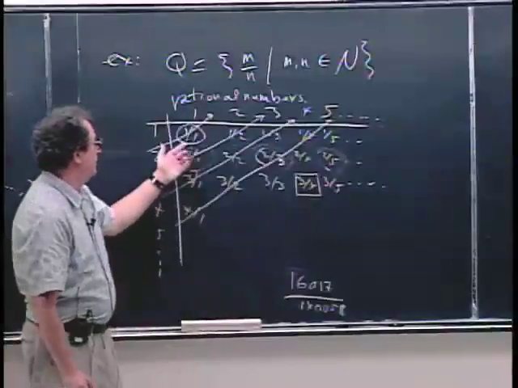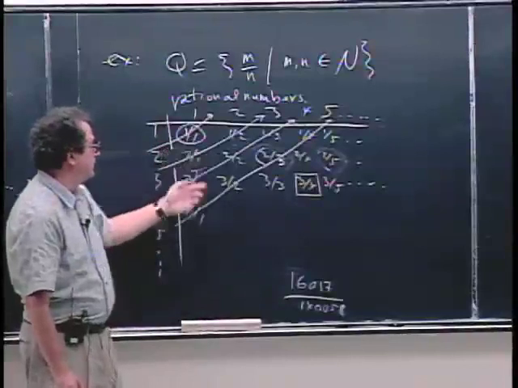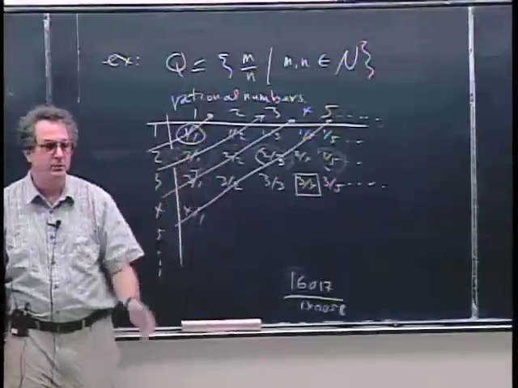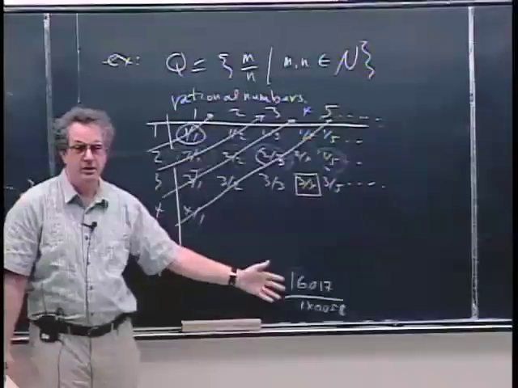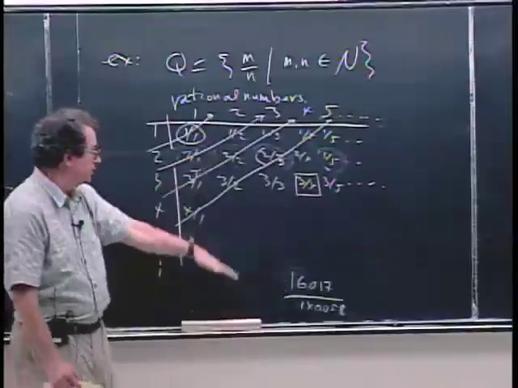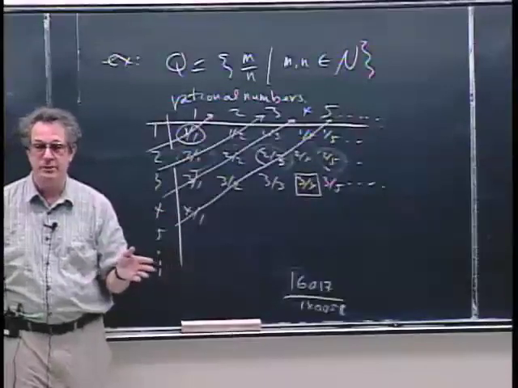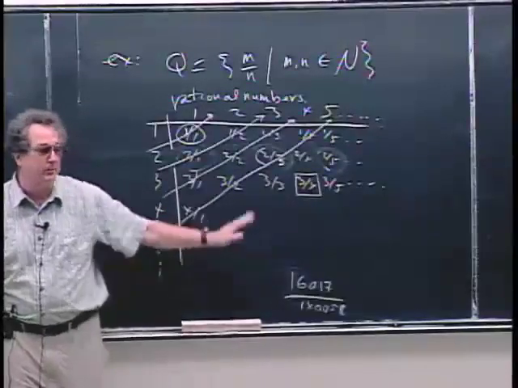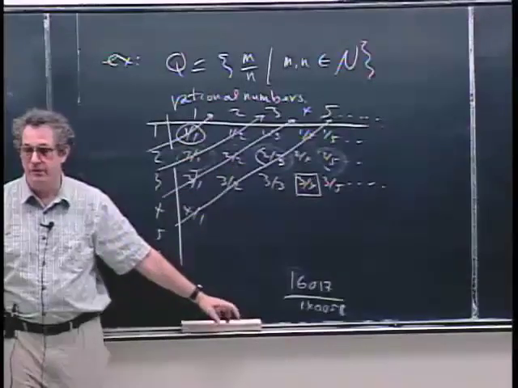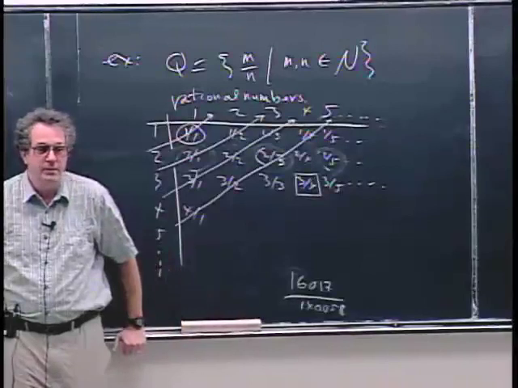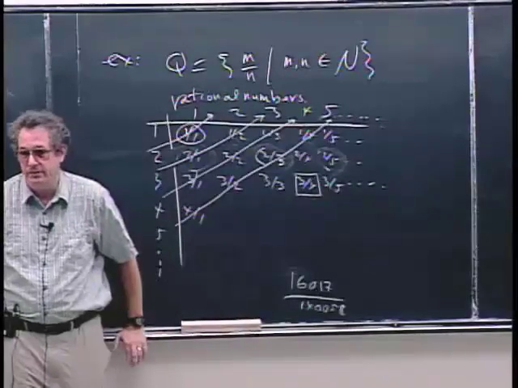And we're just associating the elements with the natural numbers 1, 2, 3 in order. So I've demonstrated that I can put the rationals into one-to-one and onto correspondence with the naturals, and therefore those two sets, although they're both of infinite size, have the same infinite size.